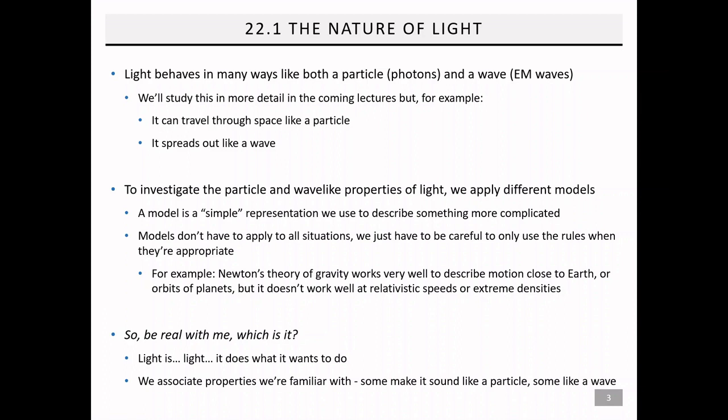So as an example, Newton's theory of gravity that we learned about in the first semester, this works very well when we describe motion that's close to the Earth. It also describes the orbits of the planets very well. However, it does not describe speeds that approach the speed of light. So if you start traveling very close to the speed of light, Newton's theory of gravity does not work.